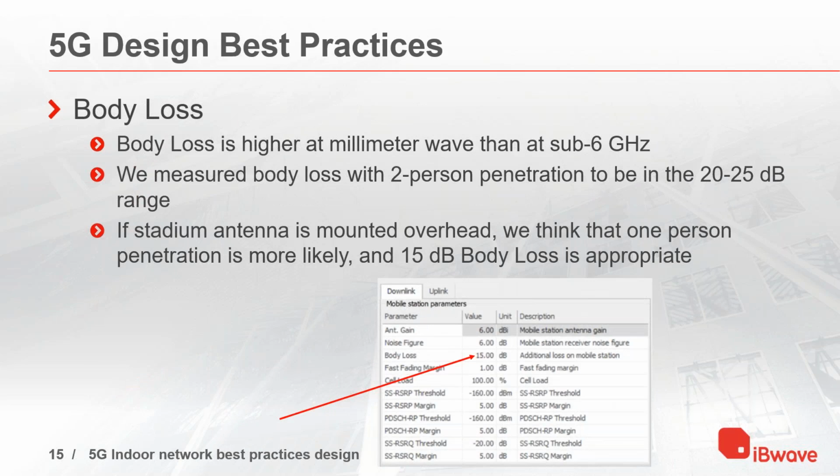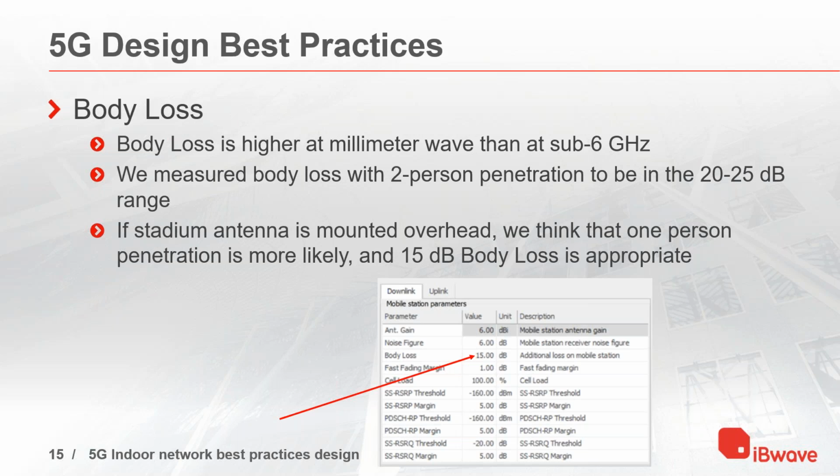Now, the next topic is body loss. Body loss is higher at millimeter wave than at sub 6 gigahertz. In IBWave, we measured body loss with 2-person penetration to be in the 20 to 25 dB range.